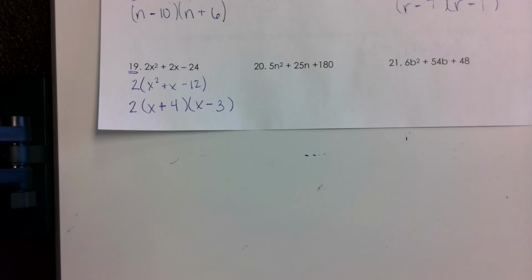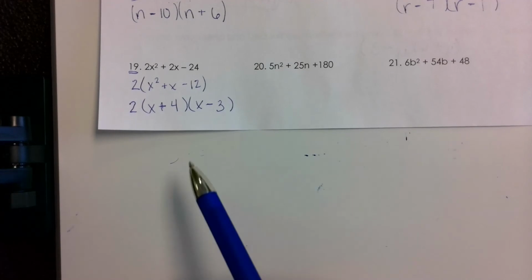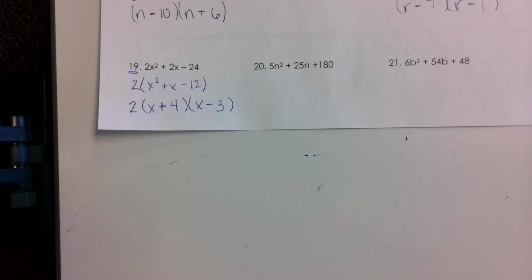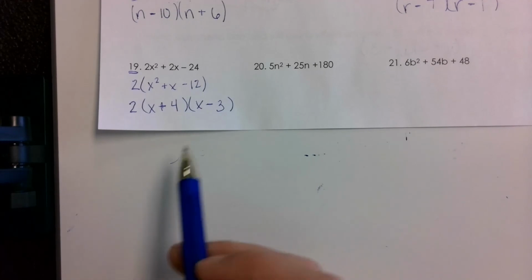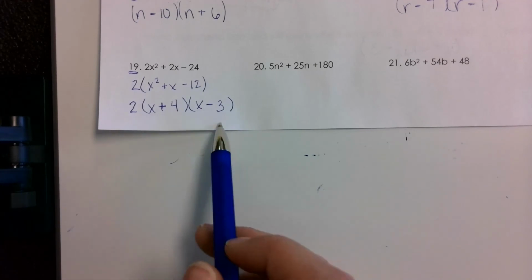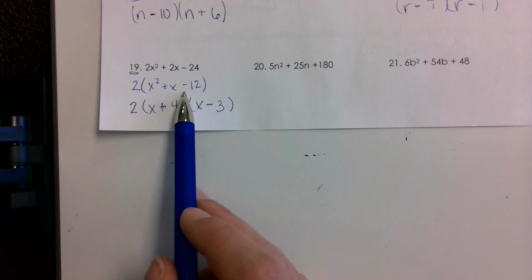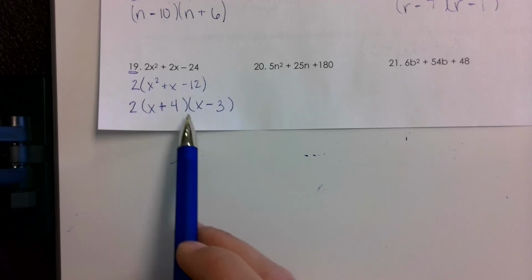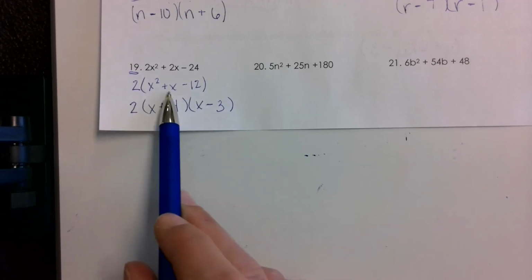Yep. That's why I like this way better, because your signs are already taken care of. If you're just x factoring, then you have to worry about signs, and sometimes that's where we mess up. But your signs are there, you're just looking for numbers. Is that okay? All right, so let's quick check this. What is positive 4 times negative 3? Negative 12. And then positive 4 minus 3. Is that 1? Yep, so that checks out and we're good to go.